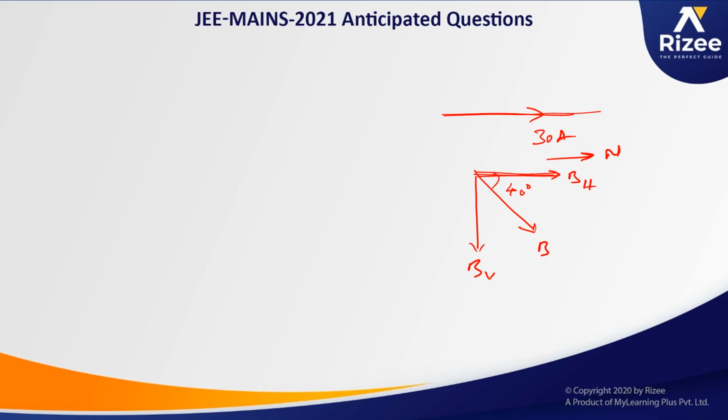Now he is asking force per unit length. So the force acting on the conductor due to the magnetic field is F is equal to BIL sine theta. So substitute all the values here, please. The current is 3 amperes, the magnetic field is 5 into 10 to the power of minus 5, and you need to calculate the force per unit length, so I'm taking the L to the other side, into sine 40.